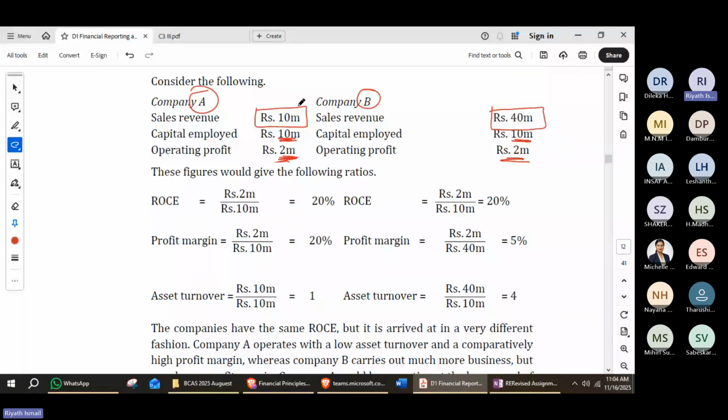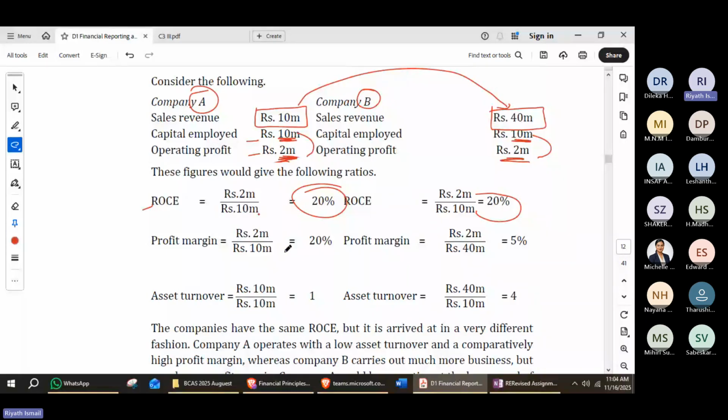These are the differences. These figures would give you the following ratios. When we look at the ROCE, operating profit 2 million over capital employed 10 million, both are 20%, because these two are the same.